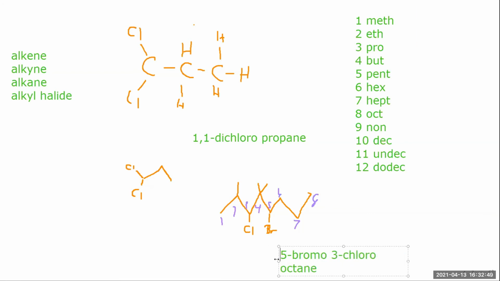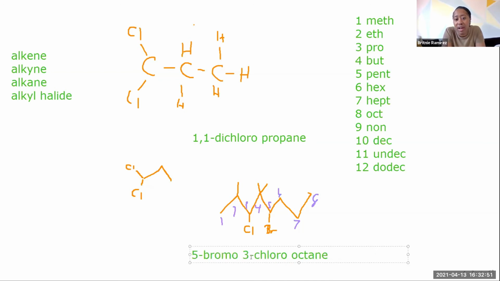And then there are your methyls. 4,4 methyl? How many methyls would it be? Trimethyl, 3 methyls. So 2,4,4 trimethyl, 5 bromo, 3 chloro. These would be in alphabetical order.